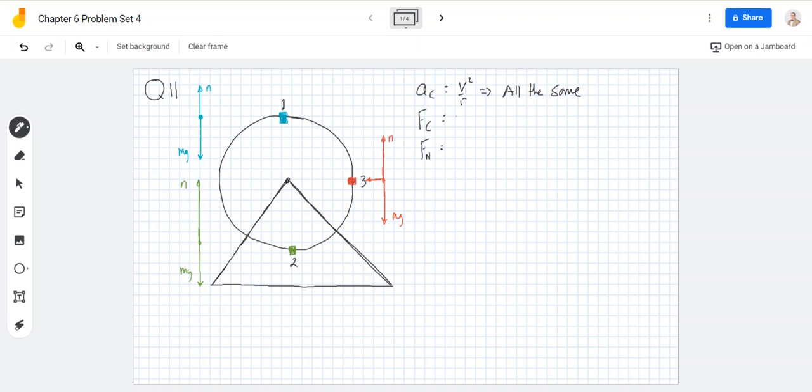Centripetal force is mass times centripetal acceleration, which is equal to mv squared over r, but they all have the same mass, same speed, same radius, so therefore, all the same. And what about the normal forces? Well, as we saw here, the normal force at 1, then 2, then 3, so the largest is 2, then 3, then 1.